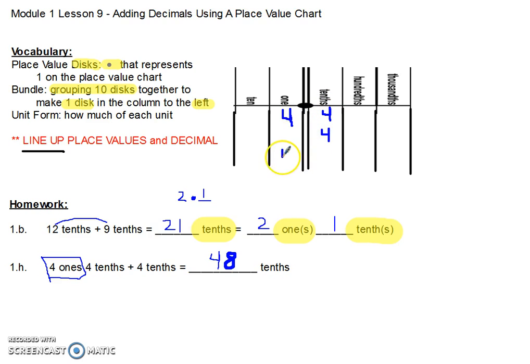So I would have altogether 4 ones and 8 tenths, and then I would decompose them into the tenths. So I'd move that 4 over and drop down the 8, which would give me also 48 tenths. Same answer as when I use the discs.